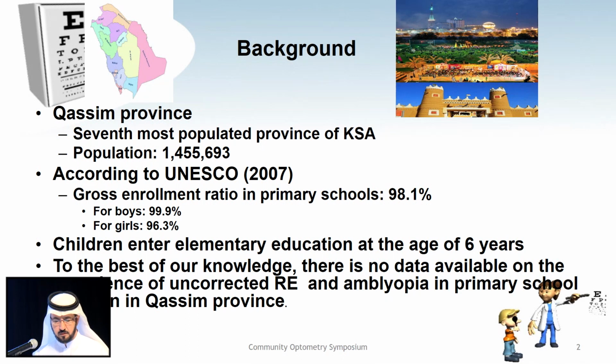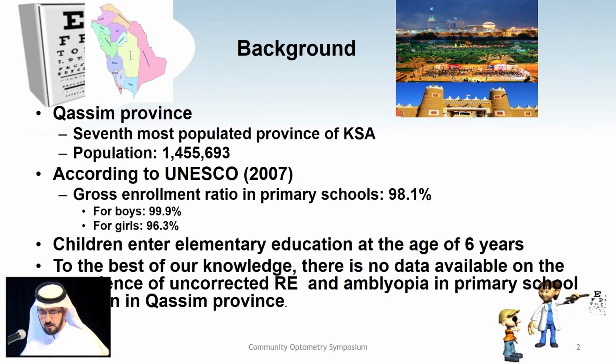According to UNESCO in 2007, gross enrollment ratio in primary school is 98.1, boys 99.9, and girls about 96.3. So most of the boys are going to school. Children enter elementary education at the age of 6.